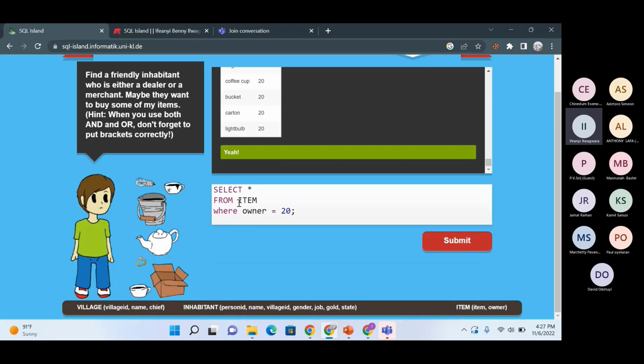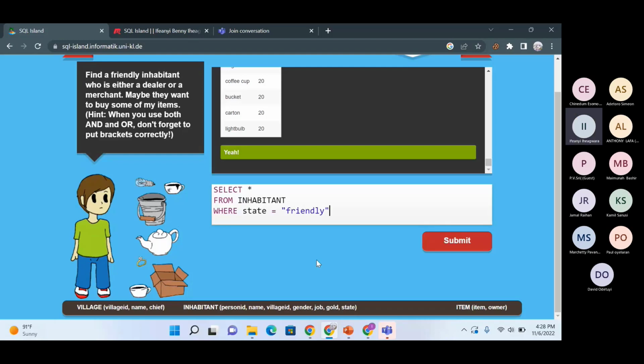So we have to use the inhabitants table. We also want where the state, like if you remember, we had a state column, where the state of the person was friendly.